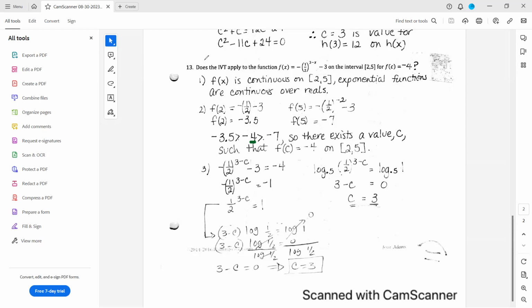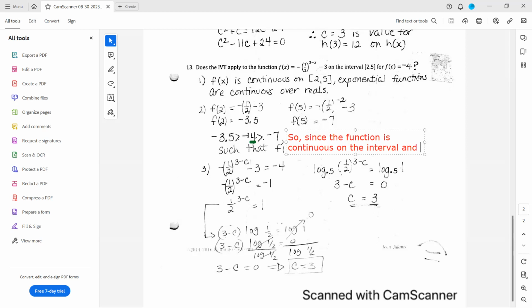What I've been writing in between here, after this, I would have said, so since the function is continuous on the interval, and then I would have written what she wrote here.